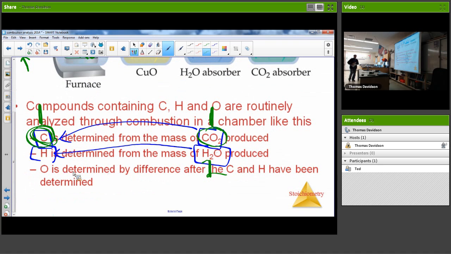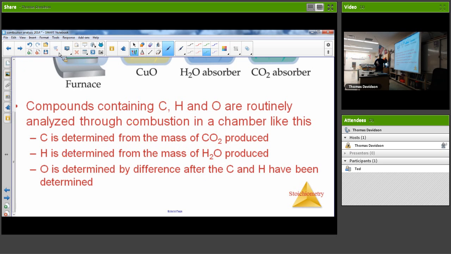What we do is we determine it by finding the difference between the original mass and the masses of C and the masses of H. So follow here. If it's made out of C, H, and O, and I know how much C and how much H there is, if I know what I started with, the difference is the O. Okay. Complicated, but as we apply this one, it sinks in.